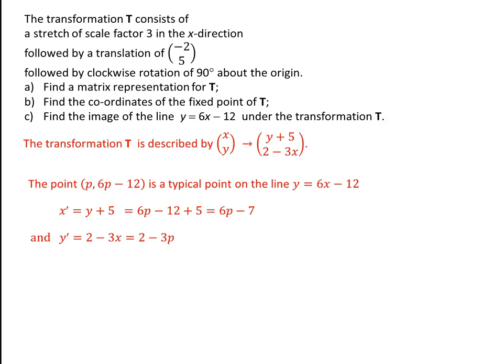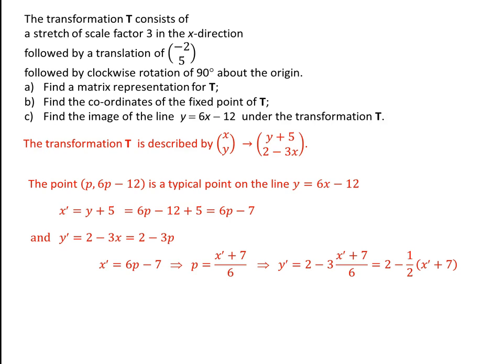Now if we look at the x' equation, we've got x' is 6p - 7, so we can say that p is the same thing as (x' + 7) divided by 6, which means we can now substitute that into the equation for y' to get an equation linking y' and x', but without any p's in the equation. So doing that, we've got y' is equal to 2 take away 3 times (x' + 7)/6.